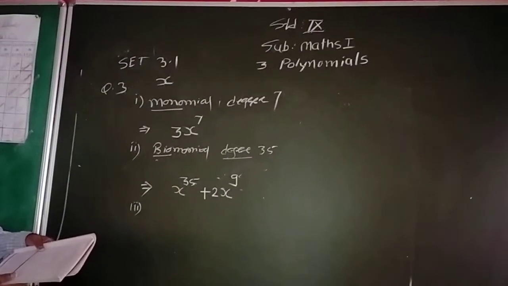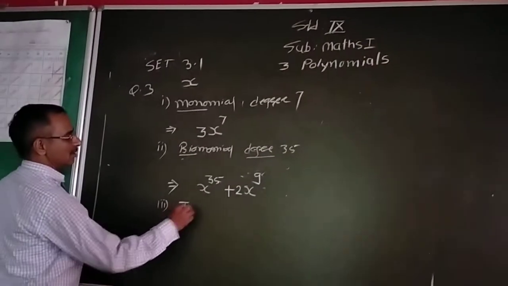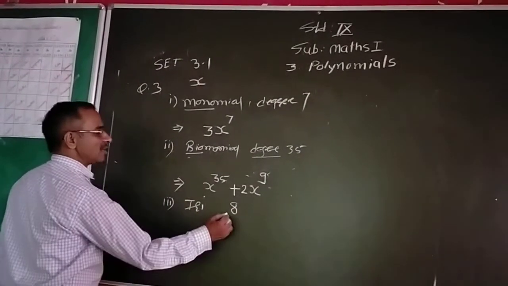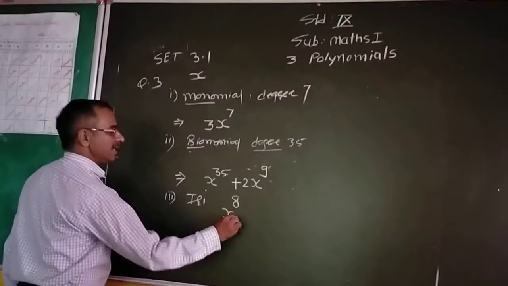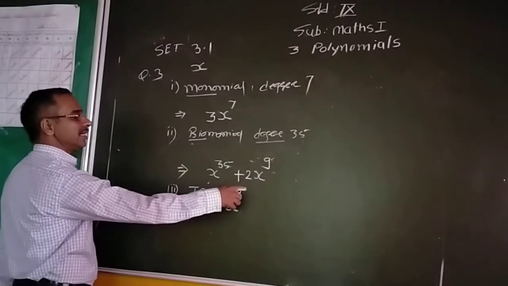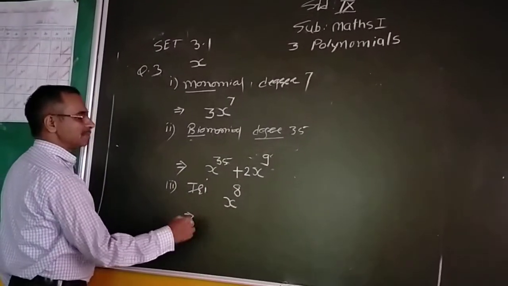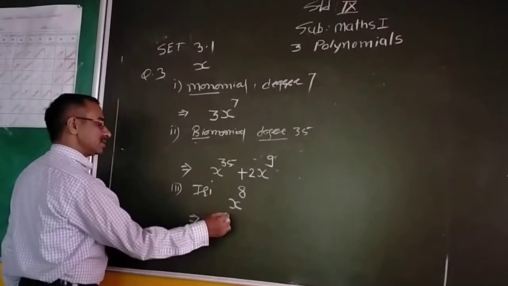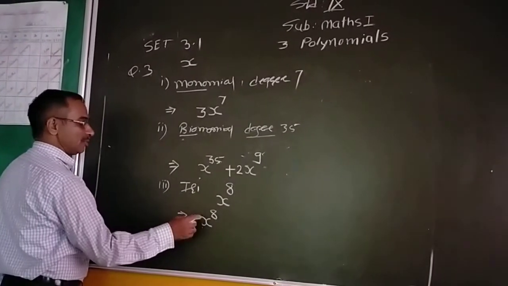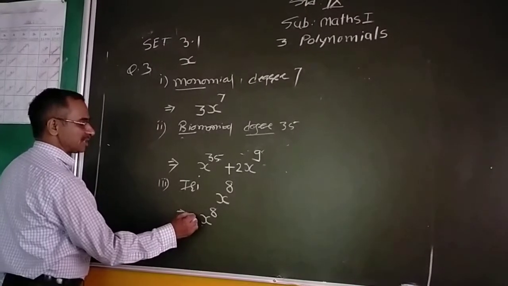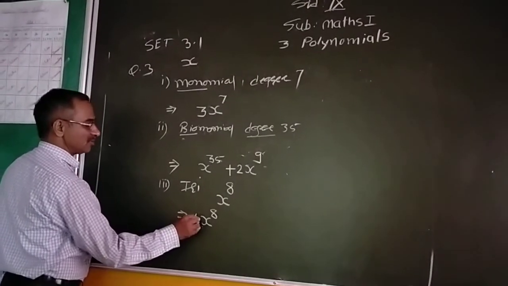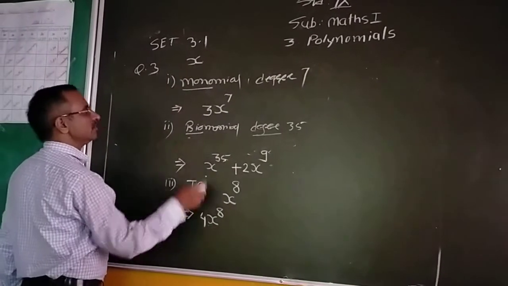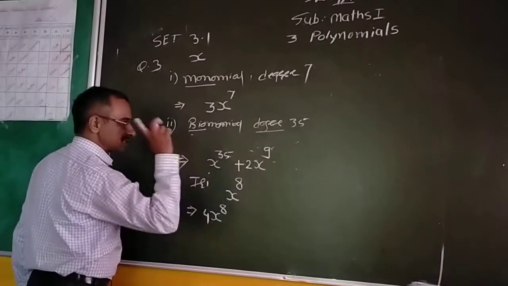Then third, trinomial of degree 8. What is the highest power of x? It is 8. But here we want a trinomial. Means how many terms? 3 terms. First we take x raised to 8. If you want a coefficient here, write any coefficient. Suppose I take 4 as a coefficient. Then it is only one term. It is only a monomial. We want a trinomial, means 3 terms.